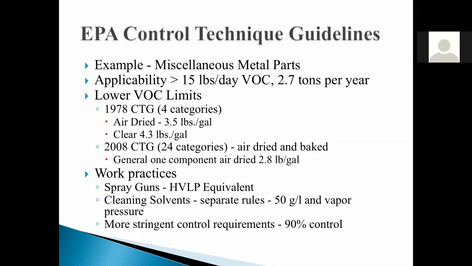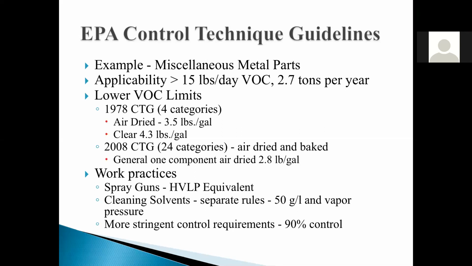And there are different limits for air dried and baked. For example, a general one component air dried is 2.8 pounds per gallon. So the limits have gone down, the number of categories have gone up, and it's bifurcated into air dried and baked. So I would say more complicated because we're moving into more categories, and depending on the facility, what it has, different limits apply.